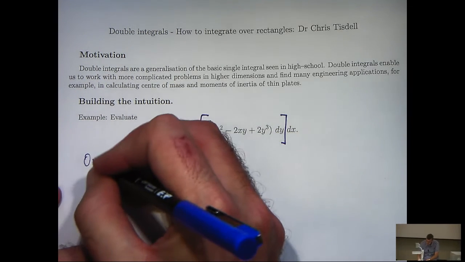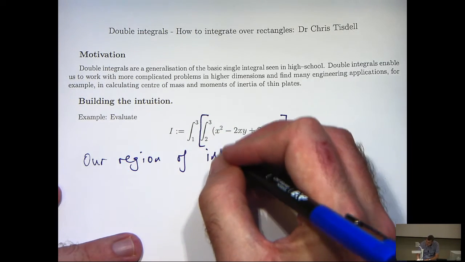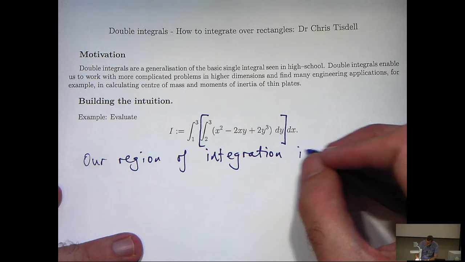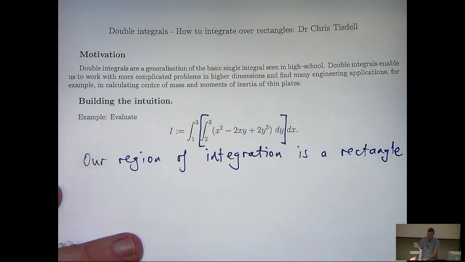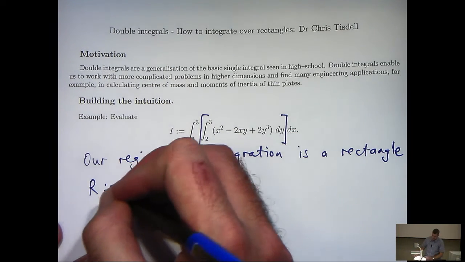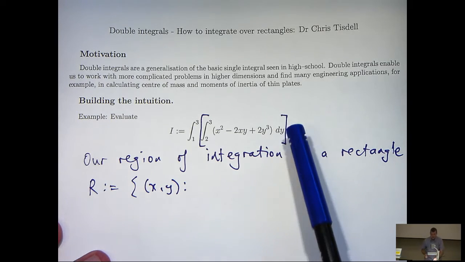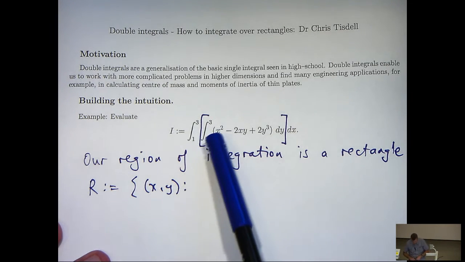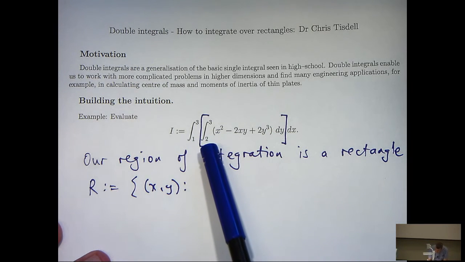So let's realize that our region of integration is a rectangle, and you can think of this as an outside differential and an outside integral sign, an inside differential and an inside integral sign.